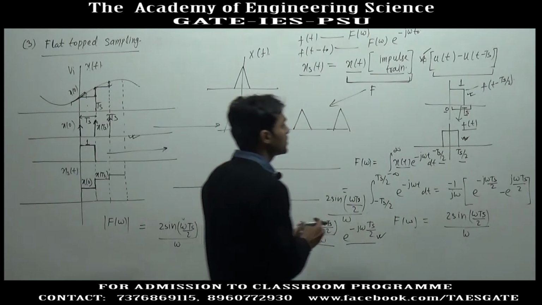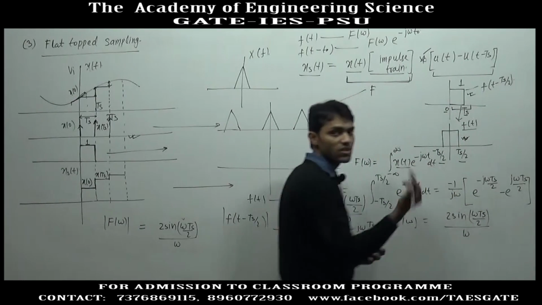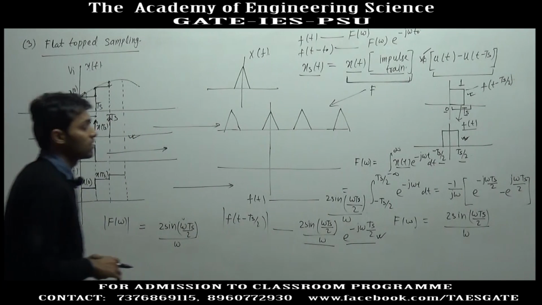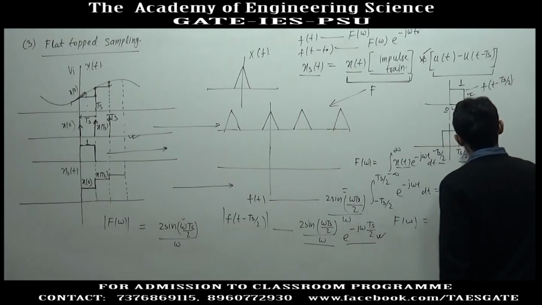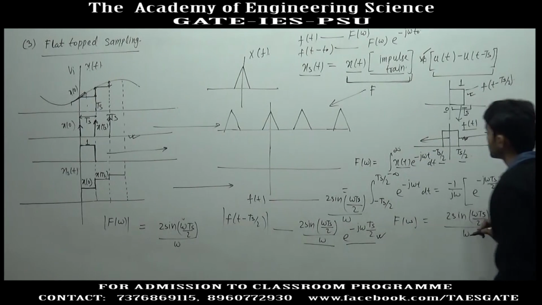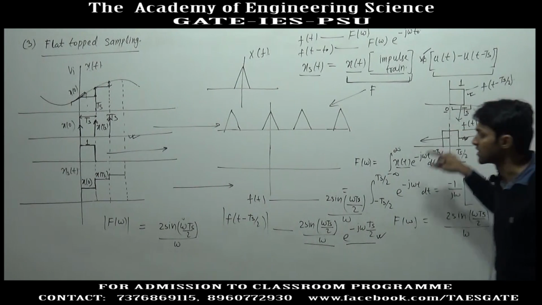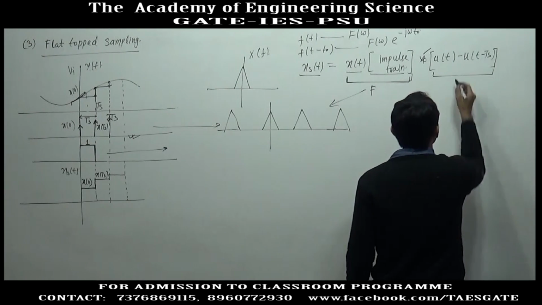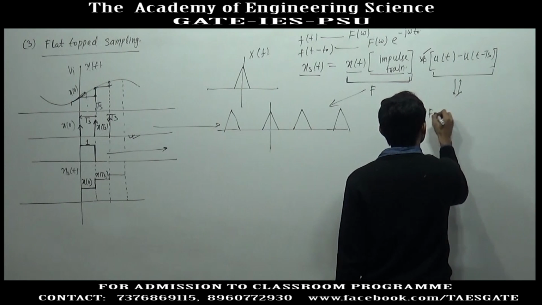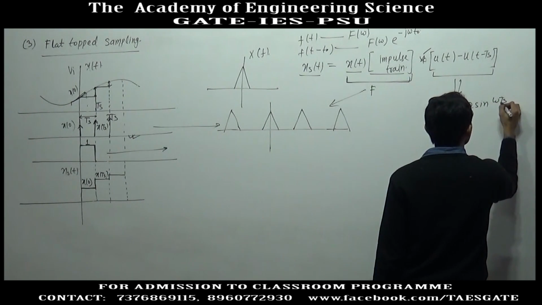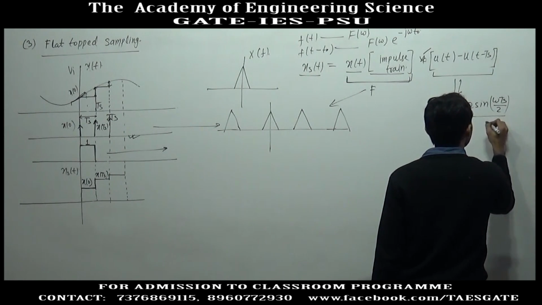The shifting in the time domain only contributes a phase shift in the frequency domain. So, it does not matter how much you are shifting it left or right, there will be no change in the magnitude of the Fourier transform of this signal. So, this signal has the Fourier transform 2 sin omega Ts by 2 divided by omega.